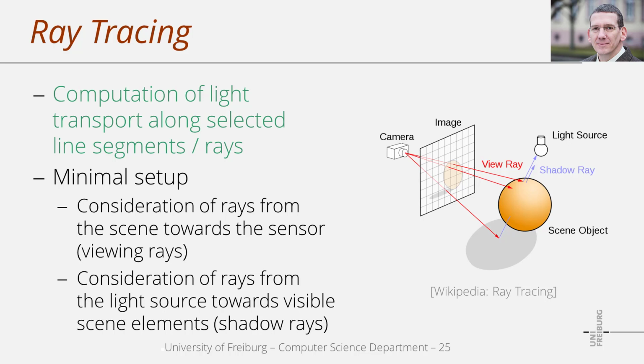It's obvious that viewing and shadow rays are certainly the most important line segments in a scene for which we have to compute the light transport. However, scene elements are not only illuminated by light sources, but also by reflected light from other surfaces. So in order to get more accurate images, a ray tracer has to incorporate more and more rays or line segments or connections in a scene.